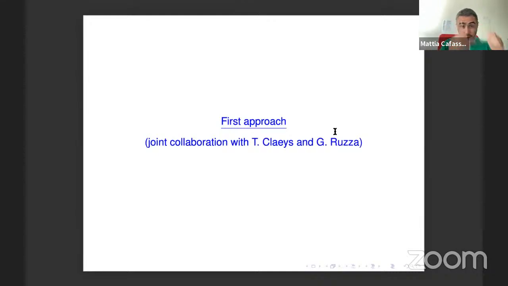But before speaking about that, I will speak about an approach which is somehow simpler for the study of this Fredholm determinant. This is a joint collaboration that I had with Tom Claeys and Julia Woods.